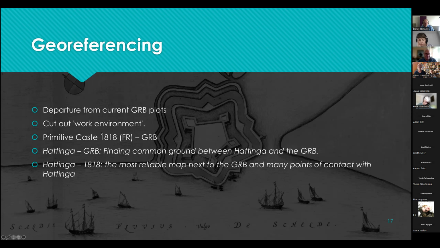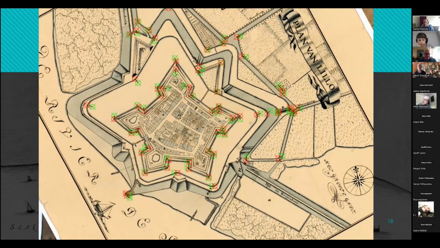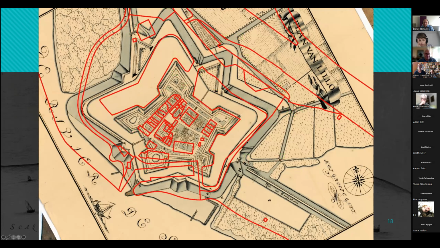So this Hattingham map is really very detailed, well described, has a lot of information, well made, is a good, reliable map. So that has been the basis, you see it here, for trying to map the whole thing, and you see the control points which have been defined, and then try to map that onto the shape of today. And you see that we need a bit of changes and deformations there.